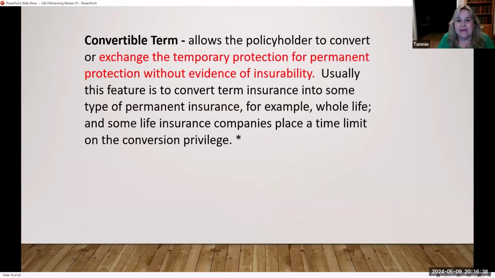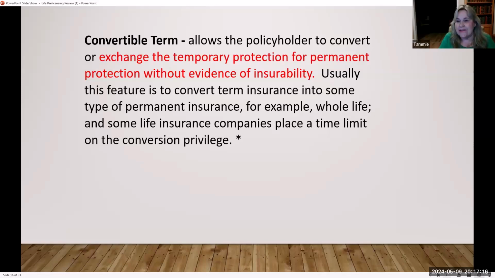Now, one of the beauties of a term policy is that you can convert it. So at the end of 10 years, you can convert it to a permanent policy without evidence of insurability. If I have a client and their policy comes up and they want to still have life insurance, but maybe they've been diagnosed with high blood pressure or some type of cancer, and right now they may be uninsurable, we can actually convert that to more of a permanent policy and it's as if they are still healthy, which is one of the beauties of term.